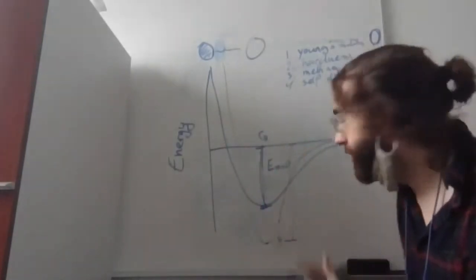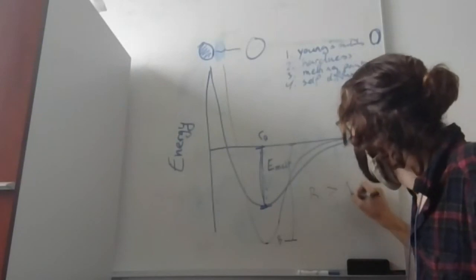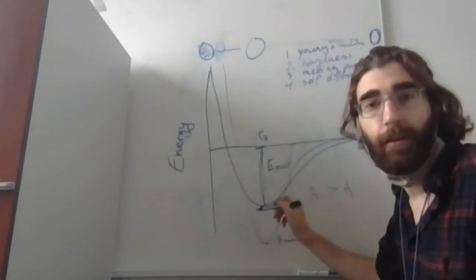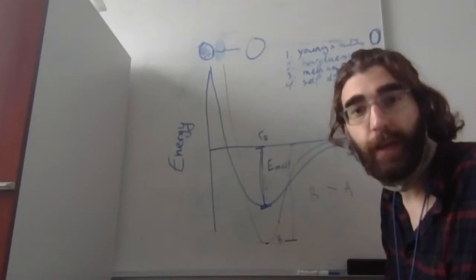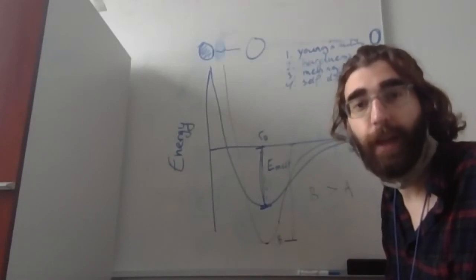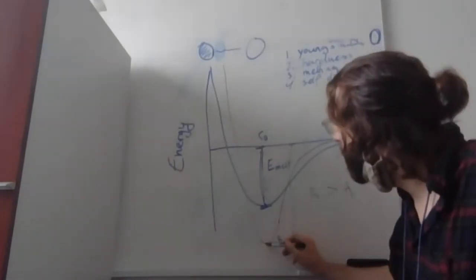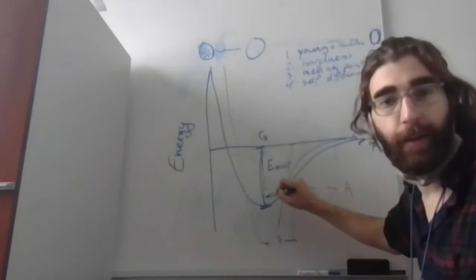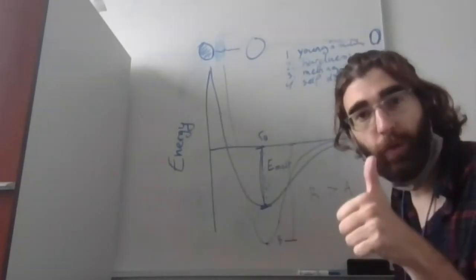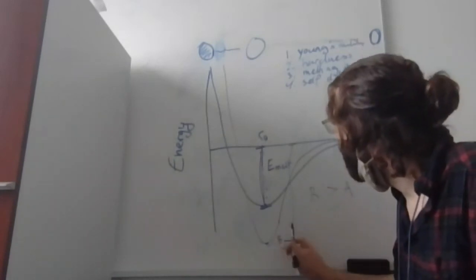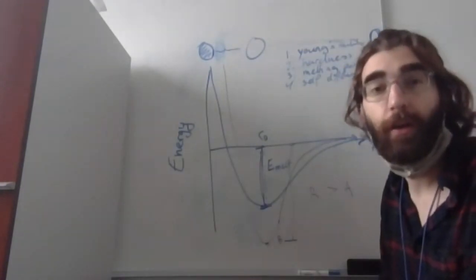So what we can say is that B has a higher melting point than A. Because a melting point is a function of temperature, right? Is a function of energy. So the higher the melting point, the stronger the bonds. And that's what we're saying with B. Good? Cool.